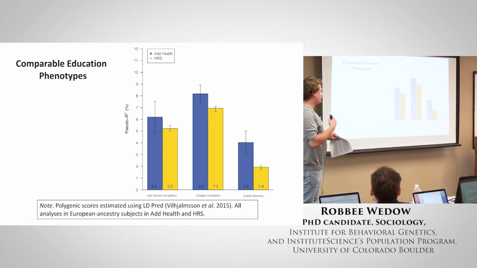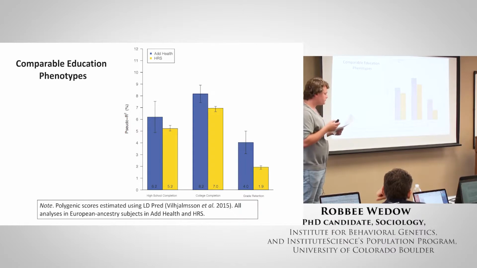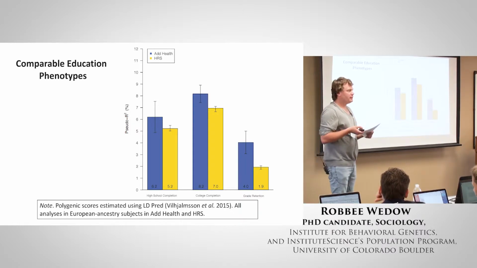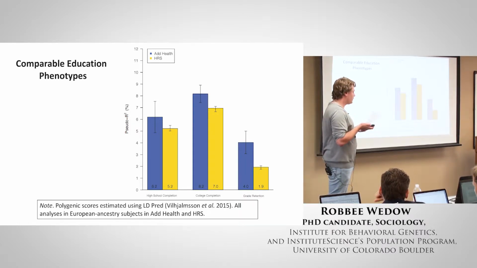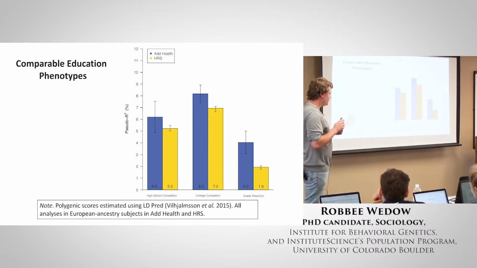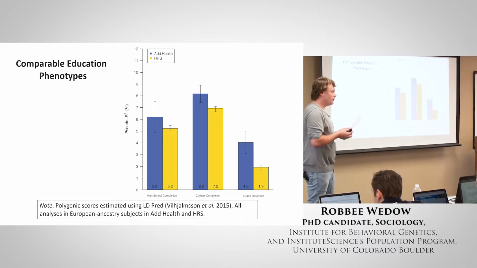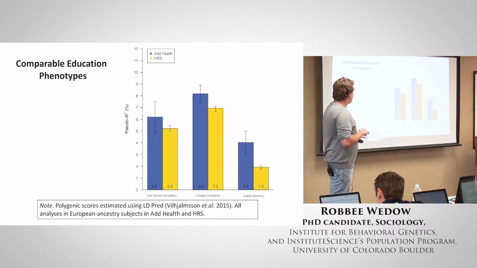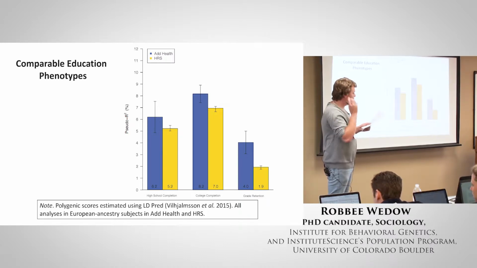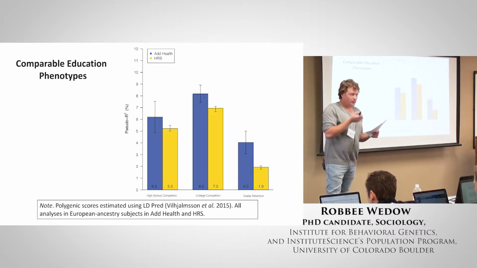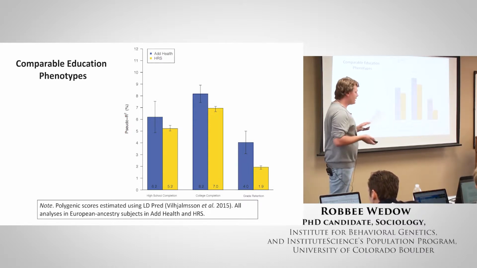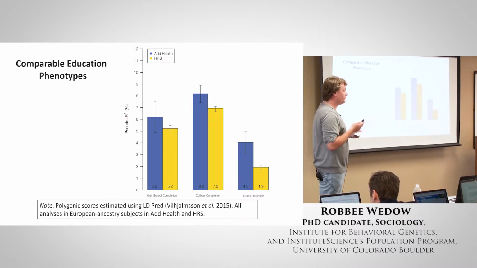The comparable values for HRS are in the gold bars. For a more substantively meaningful interpretation, we also calculate the marginal effect for the polygenic score for each of our variables. For AdHealth, a 1 standard deviation increase in the educational attainment PGS is associated with a 4.2 percentage point increase in the probability of completing high school, all the way up to a 14.8 percentage point increase in the probability of completing college, and a 7.1% reduction in the probability of repeating a grade.